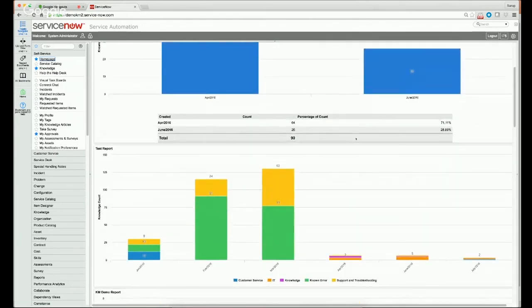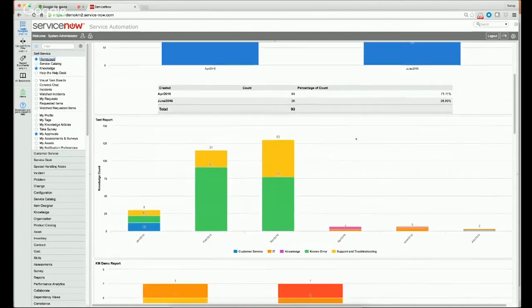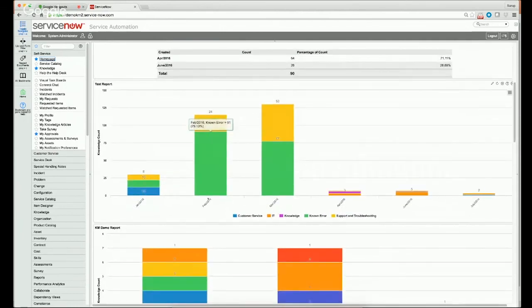Here I have a few other reports that I was creating in preparation for this demo. So you see this here. This is articles by knowledge base over a period of time. So we have customer service knowledge base, IT knowledge base, and then number of articles created in each knowledge base over a period of time.